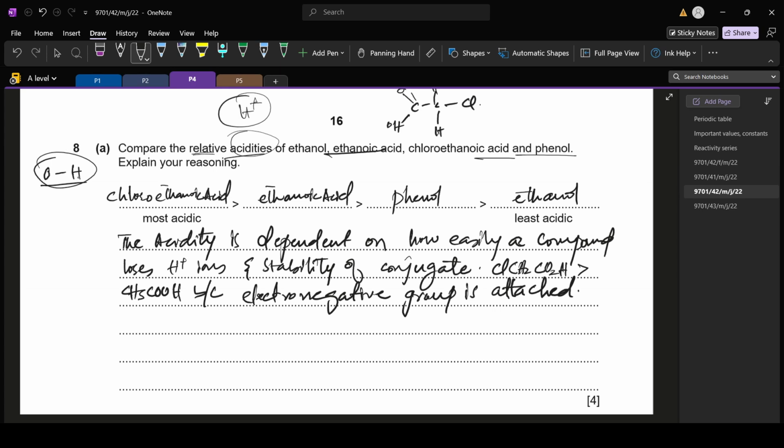Now moving towards why ethanoic acid is more acidic than phenol. This is because of the electron withdrawing effect of the carbonyl group. That's why ethanoic acid is more acidic than phenol.